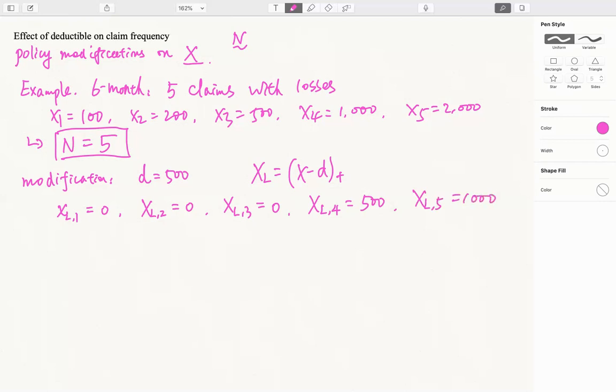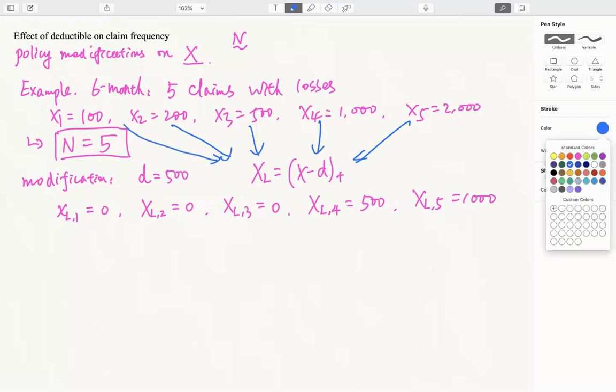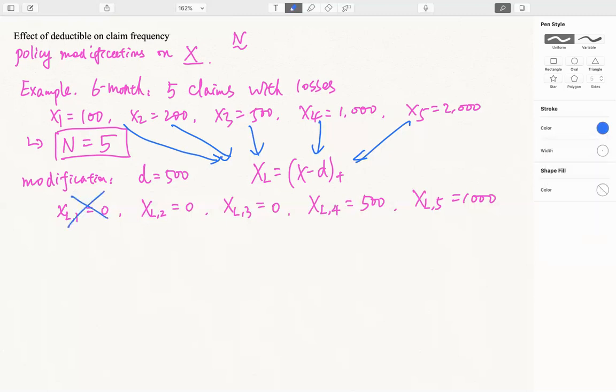So basically, what I did is to plug each one of them into this modification form, which is the payment in a loss event. In this case, this is no longer a payment. This is no longer a payment. This is no longer a payment.